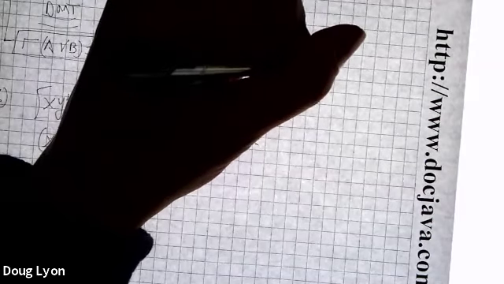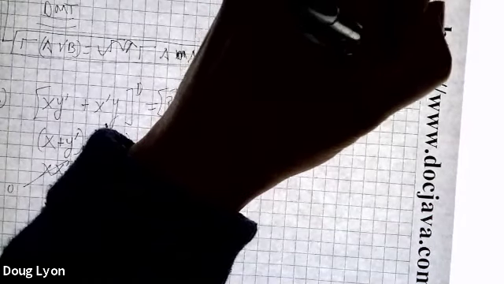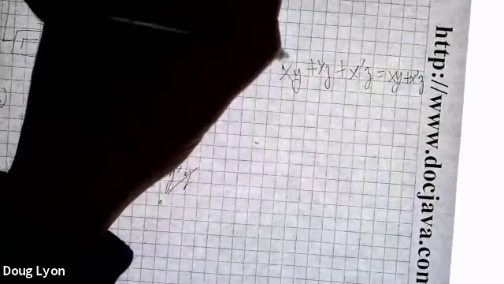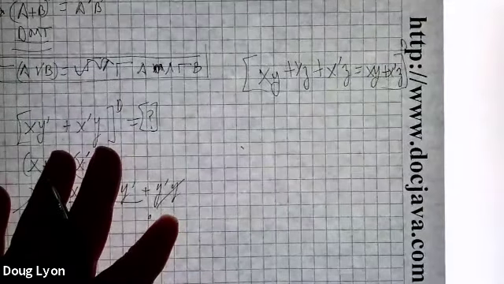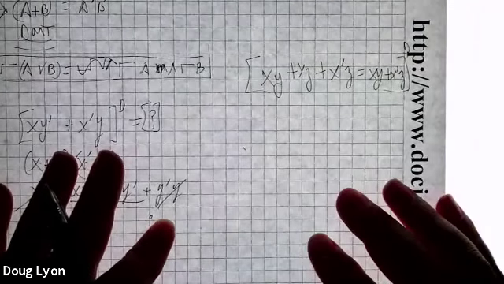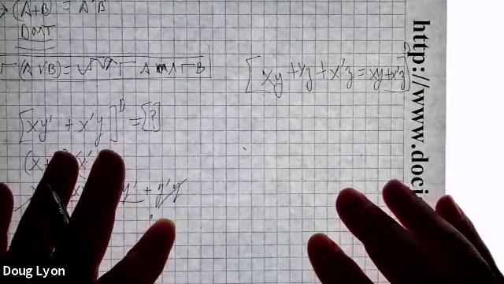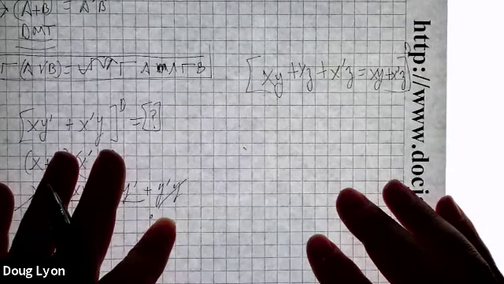XY or YZ or X prime Z equals XY or X prime Z. Find the dual.